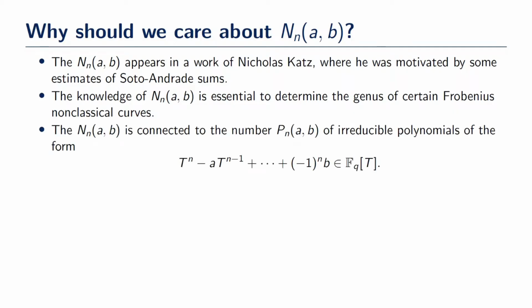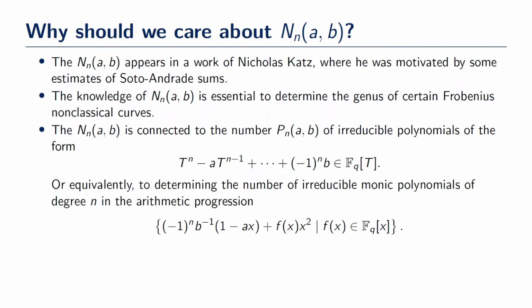Another more arithmetical reason to study this number is that it's connected with the number of reducible polynomials with given normal trace. And another reason, which is equivalent to this problem here, is to study these reducible and monic polynomials in this arithmetic progression.